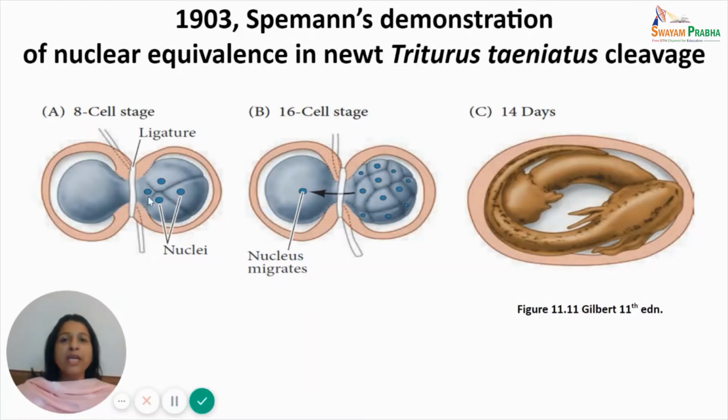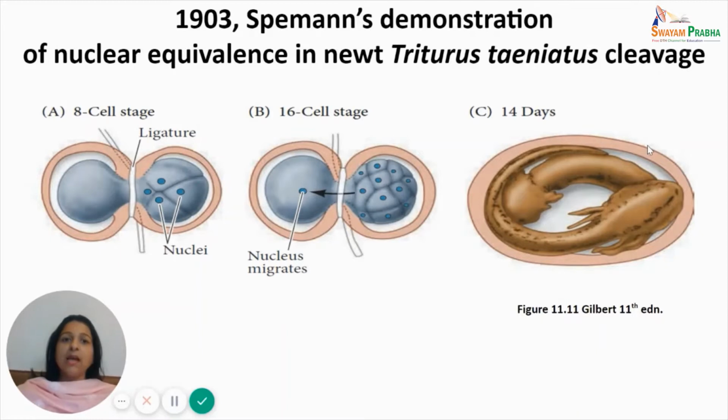Then he partially constricted the egg, causing all the nuclear divisions to happen on one side of the constriction only. Eventually, at the 16-cell stage, one nucleus escaped the ligature and came into the non-nucleated side. Now cleavage began on this side also, whereupon Spemann tightened the ligature until the two halves were completely separated.